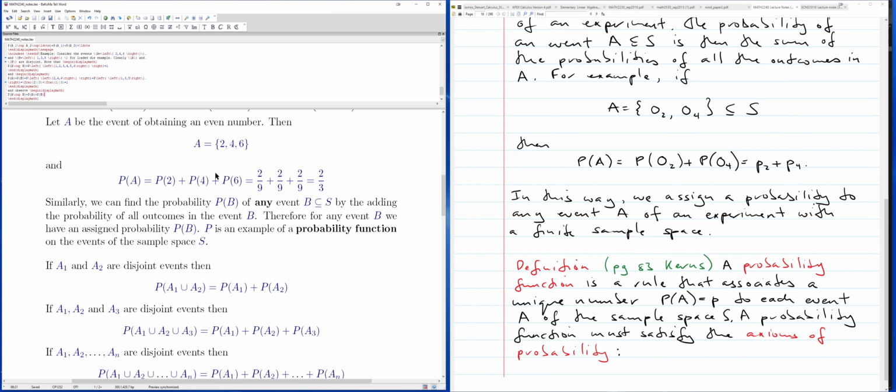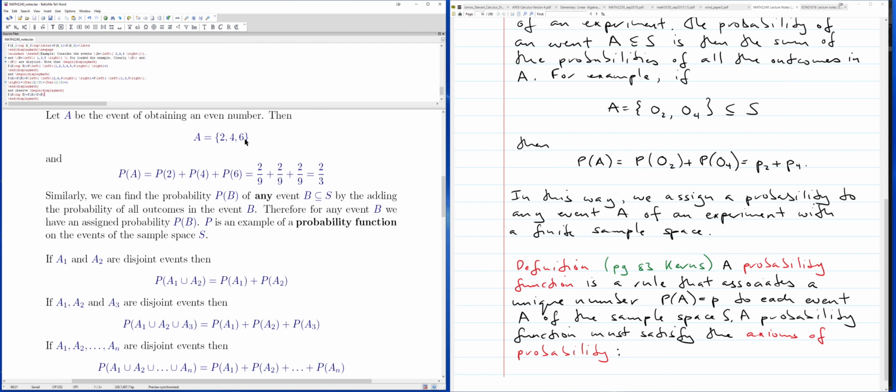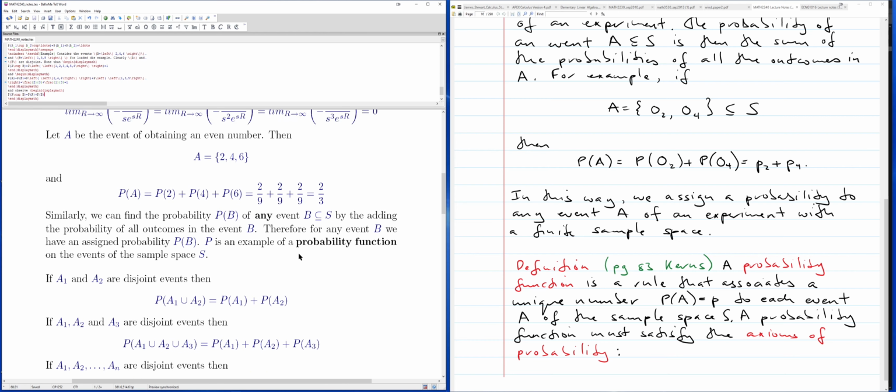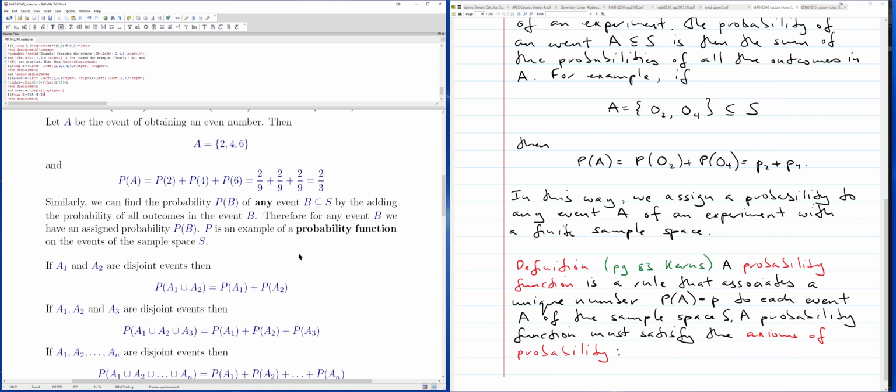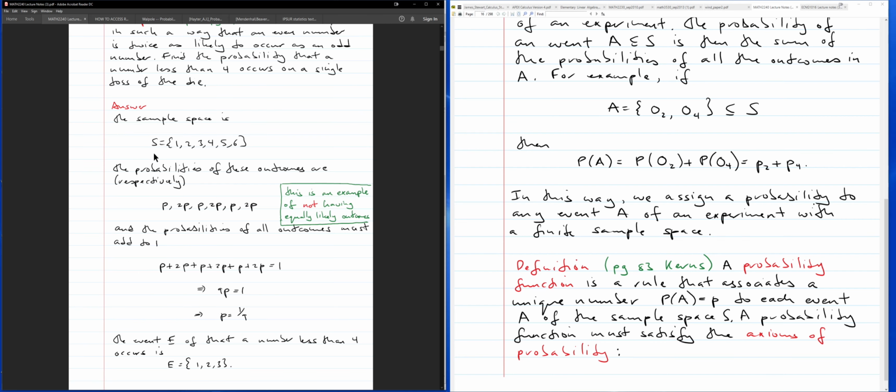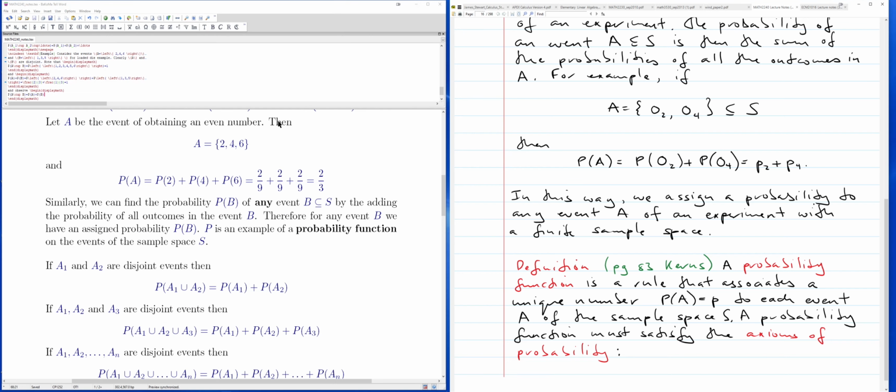If I have an event over here, I can determine the probability of it, and for any event in my sample space, the sample space we were talking about in the previous example, I can determine a probability. That is what a probability function means. For any event you can get a probability.